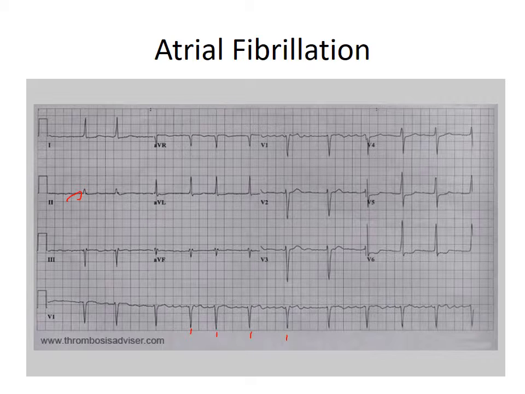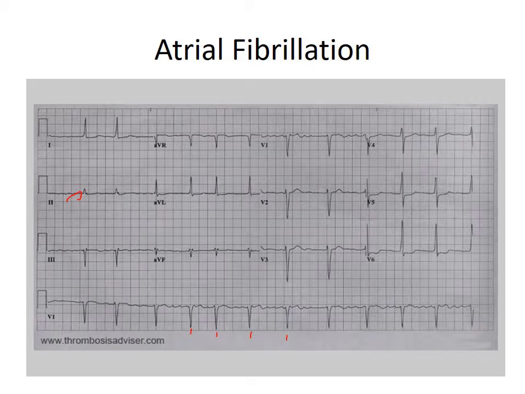Okay. You could look at your leads and make sure you don't have anything else going on. Let's look at the axis real quick. Lead 1, positive or negative? Positive. It's mostly all upright. So it's either got to be a normal axis or a left axis. What about AVF? Mostly negative. It's upright in 1, down in AVF. We have a left axis deviation.